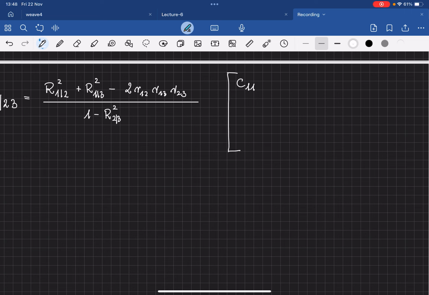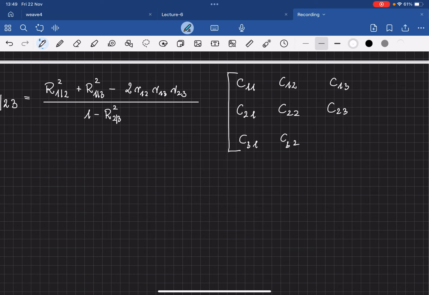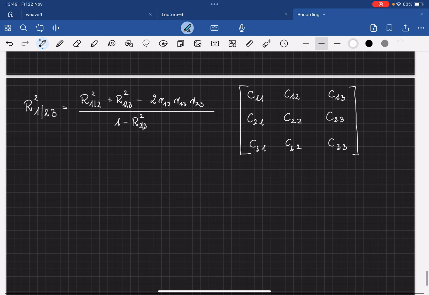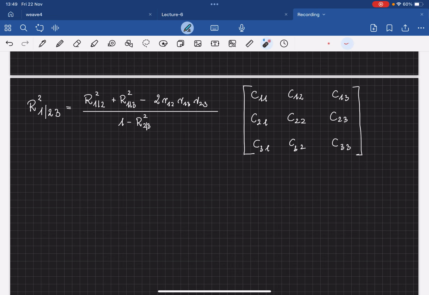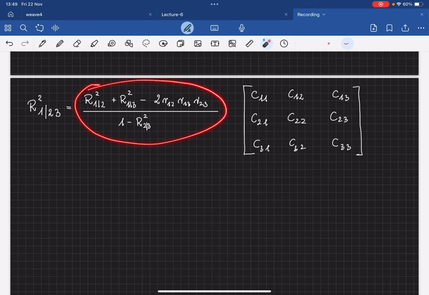So there is C11, C12, C13, C21, C22, C23, and C31, C32, C33. So for 3 variables, one of them dependent, 2 of them independent, we want to derive the formula for squared correlation coefficient depending on the pairwise correlation coefficients.